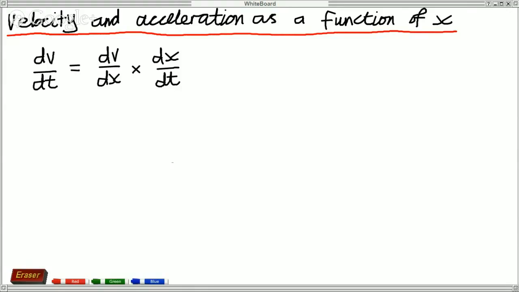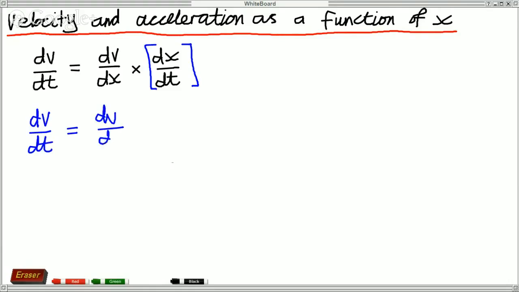And so what we can note here is that dx/dt is actually v. The rate of change of the displacement with respect to time is just v. So we can write dv/dt is equal to dv/dx times v. And generally you put the v at the front, so you'll write it like this: v dv/dx.